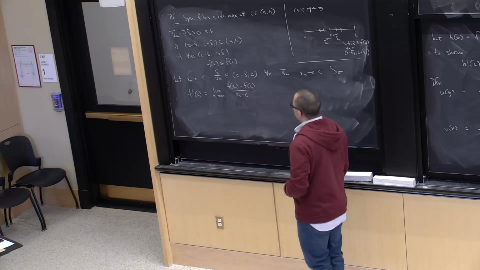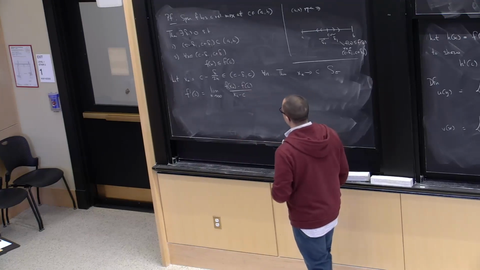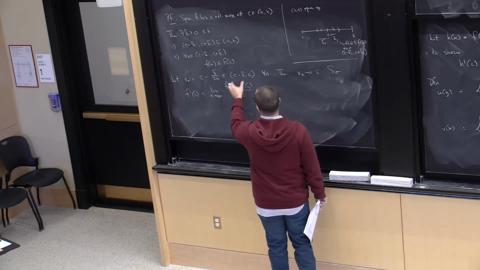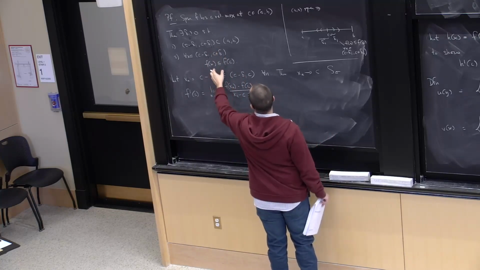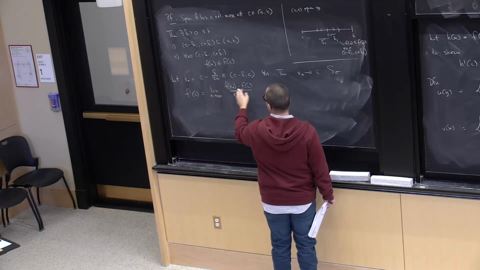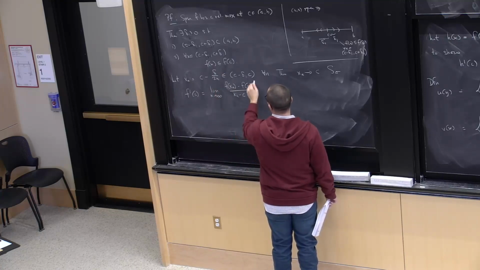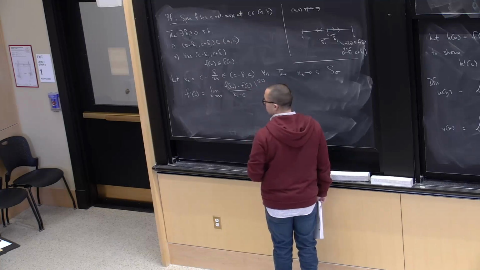Now, what do we note? So x sub n is in this interval here, which is contained in this interval here. And therefore, f of x sub n is always less than or equal to f of c. So what's on top is always less than or equal to 0.